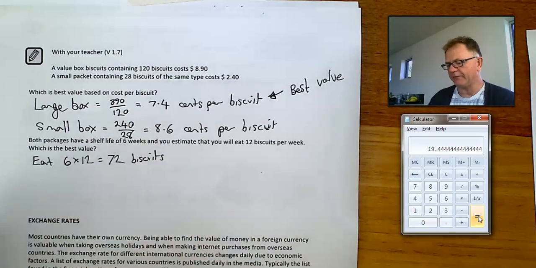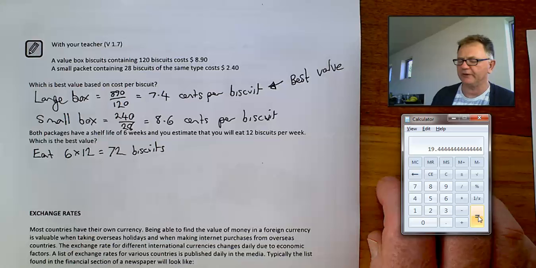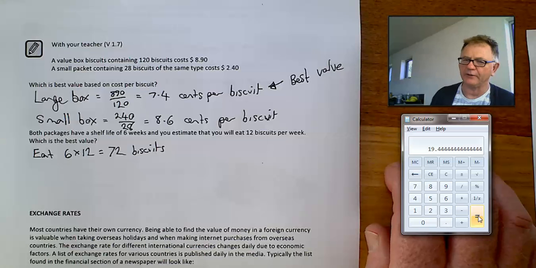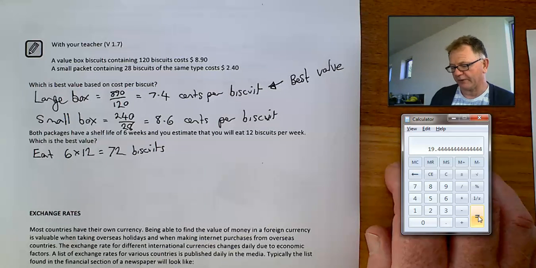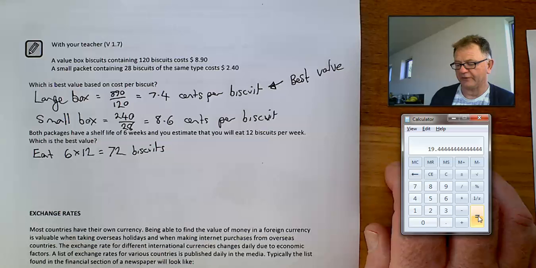Now that's no problem if we're buying them by the small pack with 28 biscuits in there. We'll buy one, they won't go stale, and we can buy another one, and then another one, and that's gone. They'll never go stale. If we're buying a large one though, they contain 120 biscuits, but by the time we've eaten 72 of them, they'll be stale and we'll probably throw the rest out.